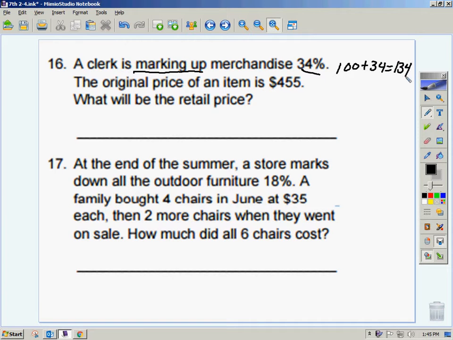I'm now paying 134%. So I take 455 times 1.34. When I do that, I get $609.70.